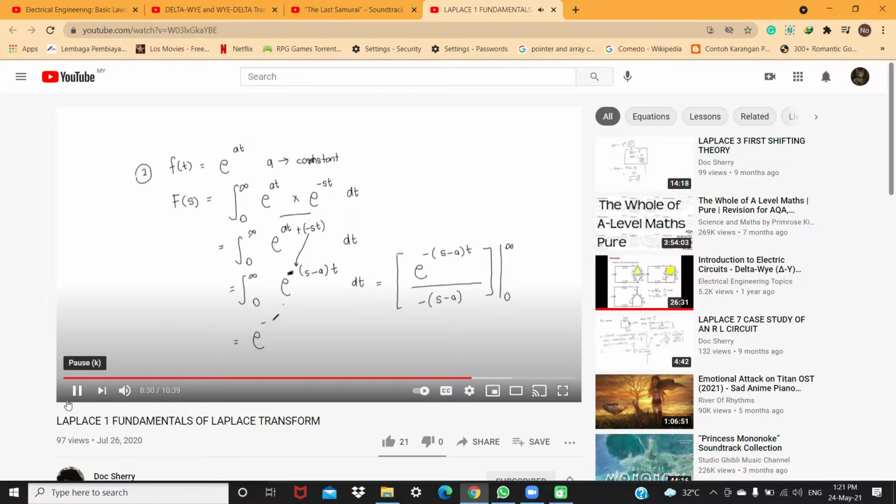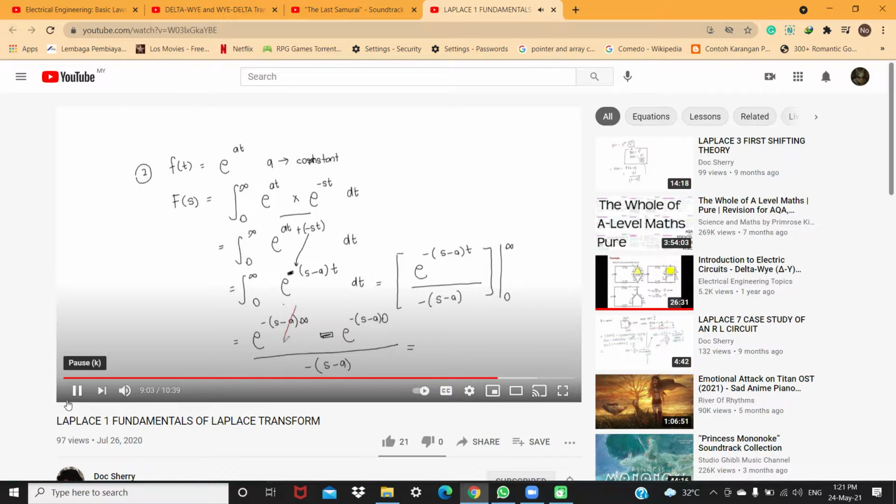Exponential negative s minus a in bracket, that varies from infinity, minus exponential negative in bracket s minus a at the next limit, which is 0, and all of it is divided by negative in bracket s minus a.